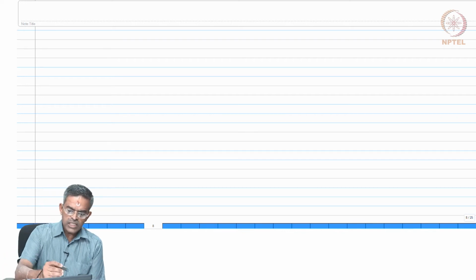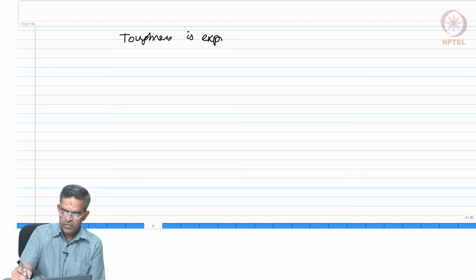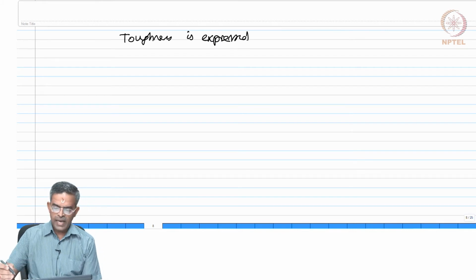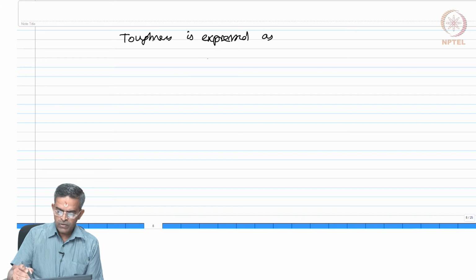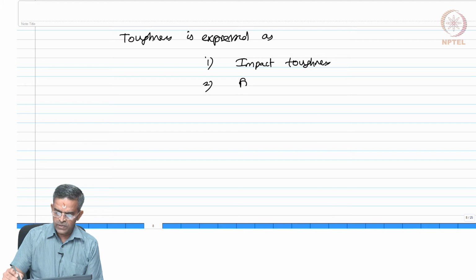So, how is toughness expressed? Toughness is expressed in two ways: impact toughness and fracture toughness.